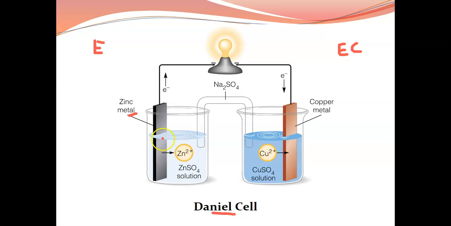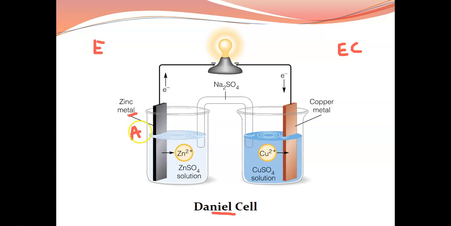The zinc metal from the electrode is going into the solution as zinc 2 plus. That means the oxidation of zinc metal is taking place. It is losing electrons which are going into the external circuit. Since it is losing electrons, it is going into the solution as a zinc 2 plus ion. So here oxidation of zinc metal is taking place and zinc metal is acting as an anode.